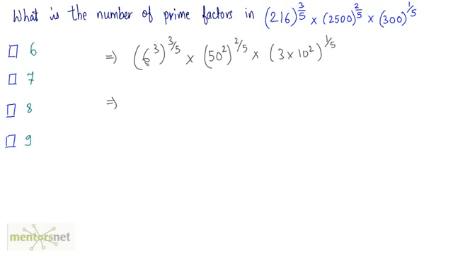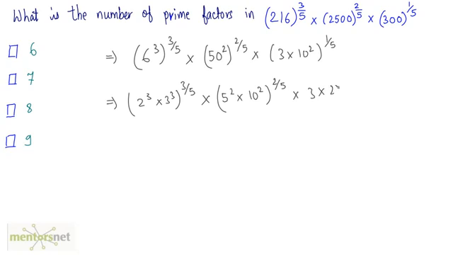So this is equal to 6 is a product of 2 and 3, which are prime numbers. So 2 times 3 whole cube. So I can write it as 2 cube times 3 cube raised to 3 by 5 times, again I can write 50 as 5 times 10, and there's a square there, so I can write 5 square times 10 square raised to 2 by 5 times 3 times 10 can be written as 2 times 5.